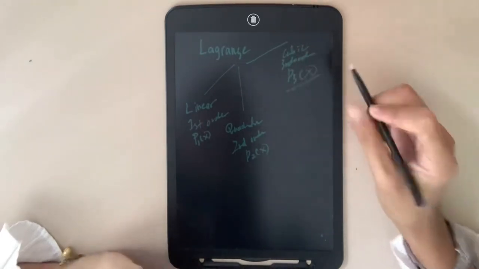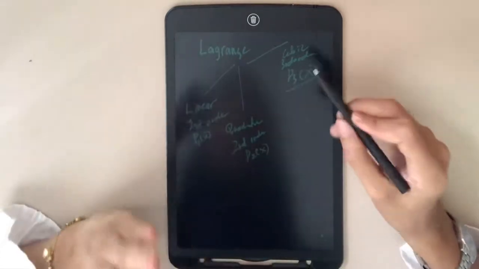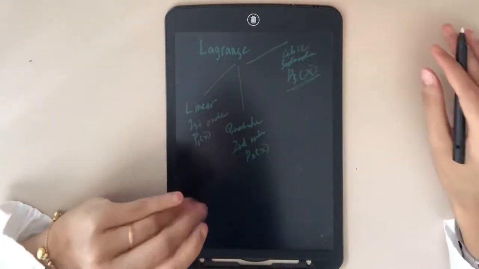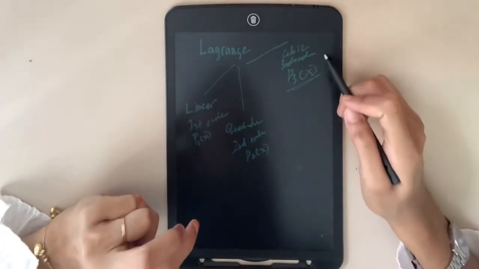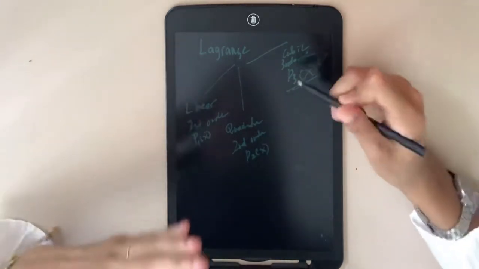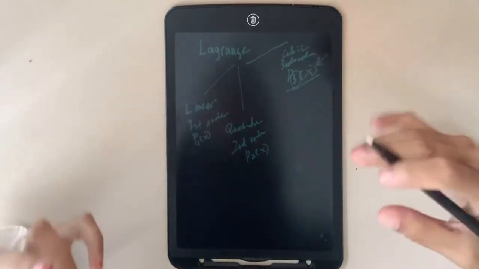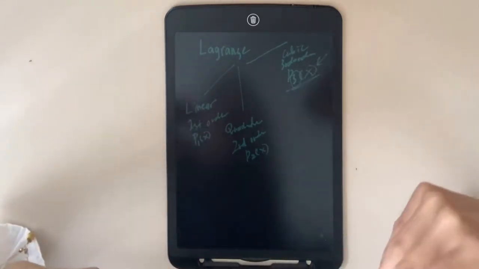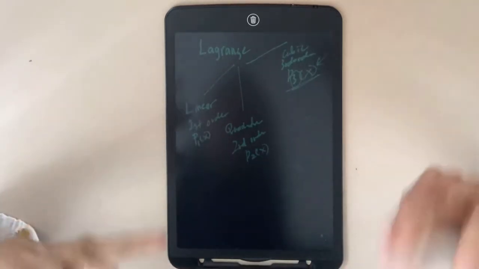Why do I highlight P1, P2, P3? Because a few of your friends asked me what P3 stands for. P3 here represents the order of your equation, whether cubic, linear, or quadratic.